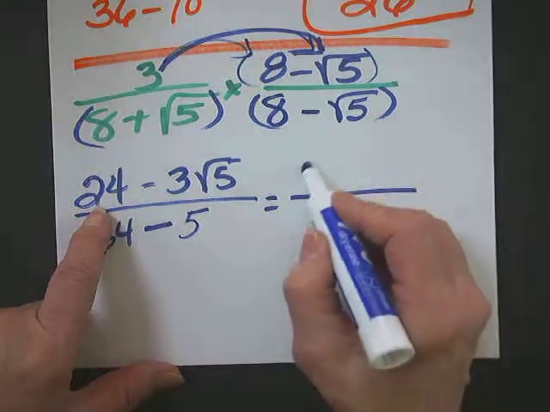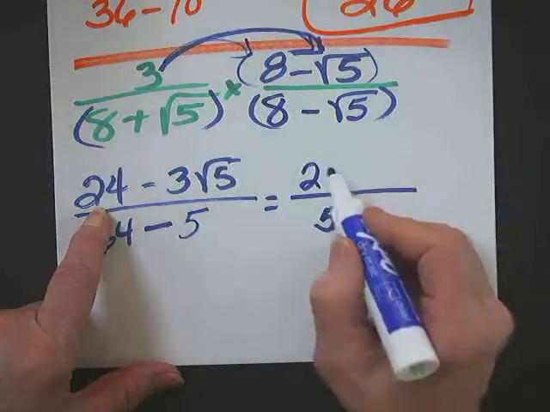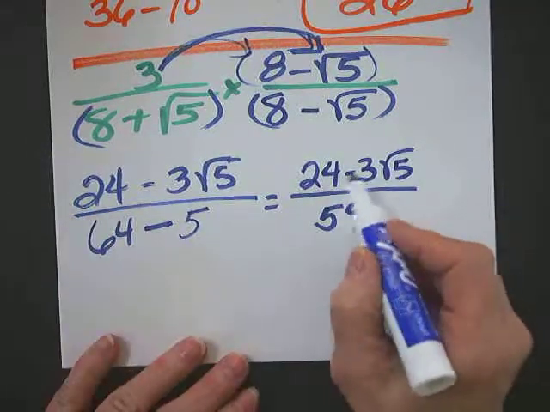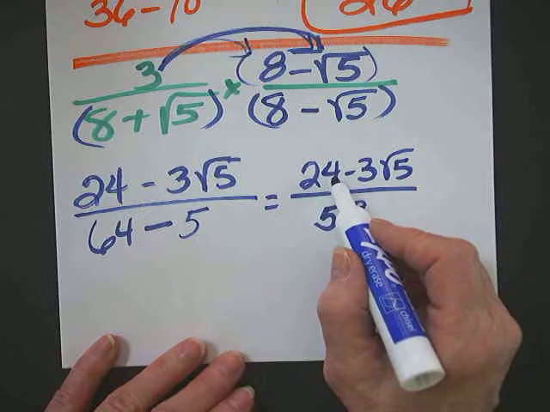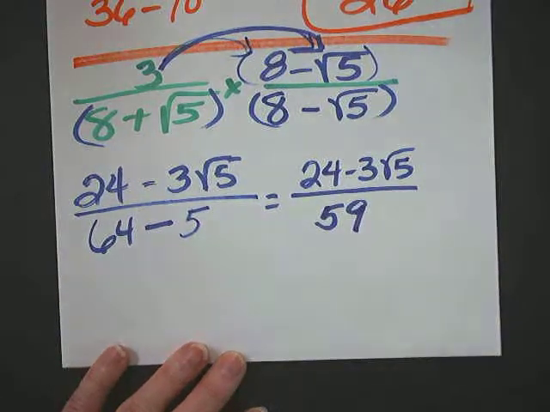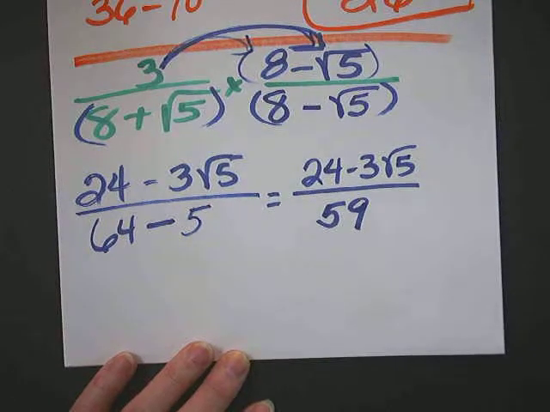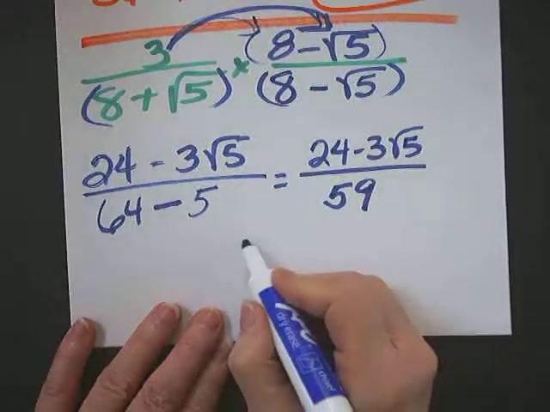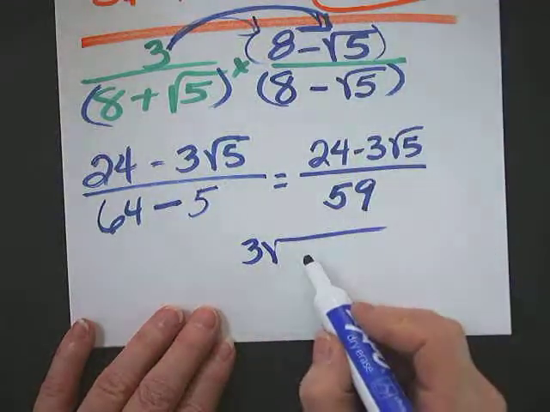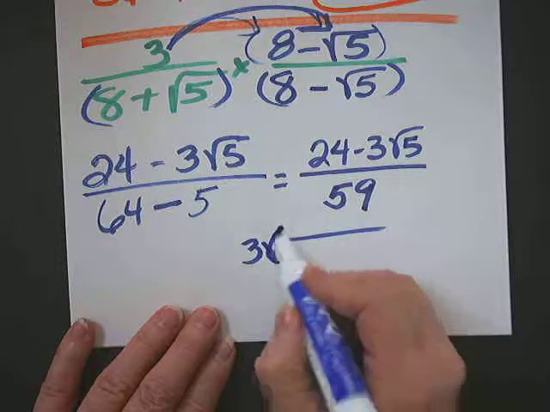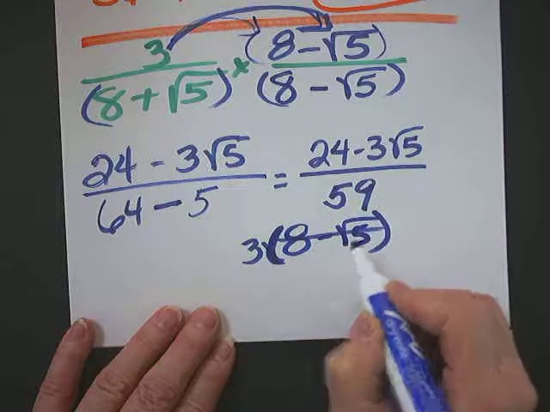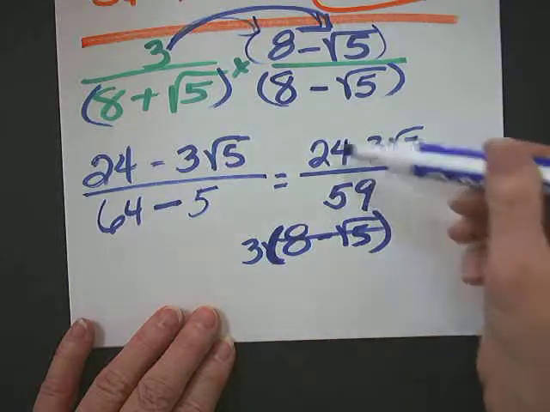Now we're going to distribute. 3 times 8 is 24. Minus 3 times square root of 5 is 3 square root of 5. Okay, 64 minus 5 is 59. Right? Okay. And then we put this up here.